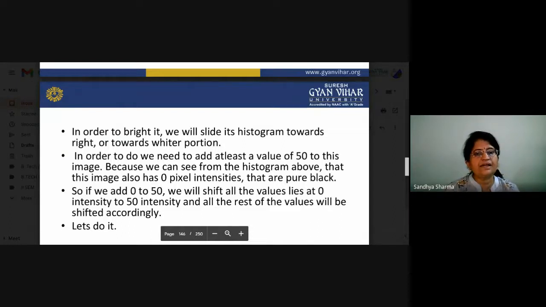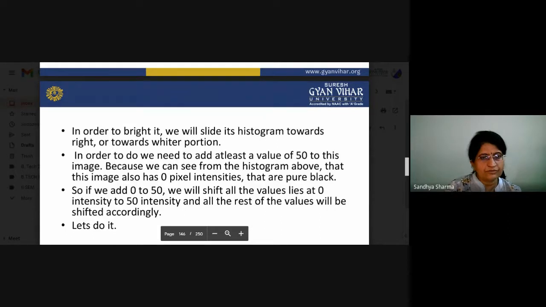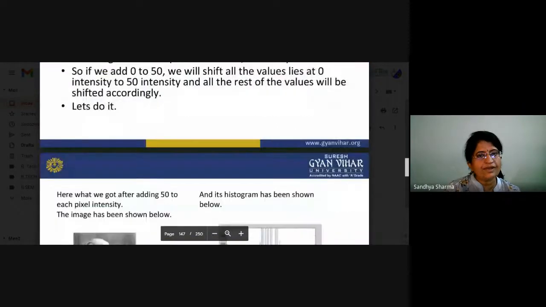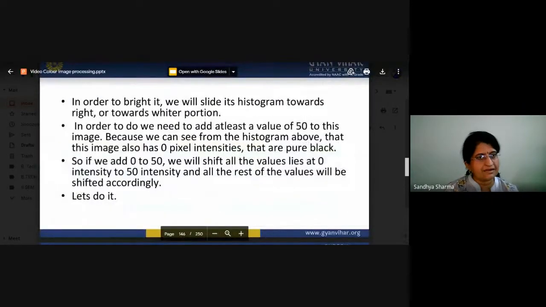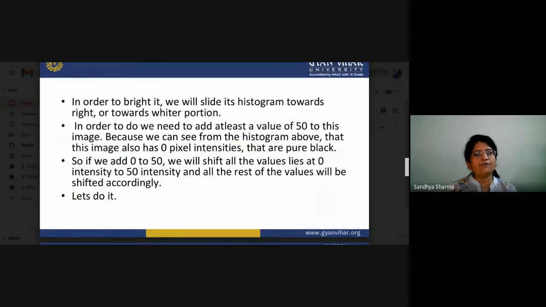If we add 50 to 0, we shift all the values at 0 intensity to 50 intensity, and all the rest of the values are shifted accordingly. So we add 50 to all the pixel values, which raises the brightness level and shifts the histogram towards the right side.